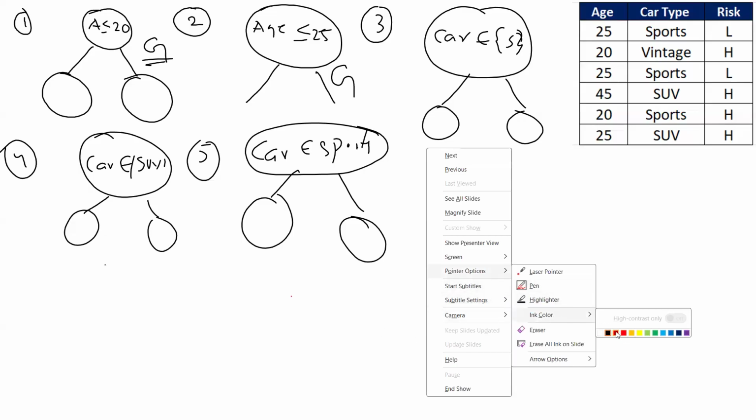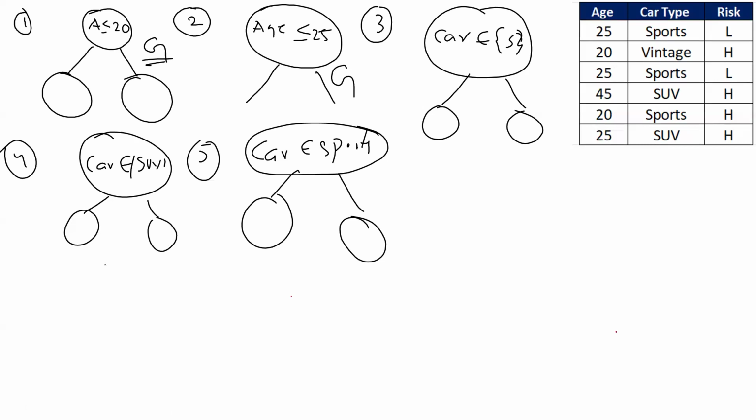Let's say the information gain for the first case is 0.5, the information gain for the second case is 0.155, and the third one is again 0.155, and the information gain for this is 0.5, and the information gain for this is set to be 1.